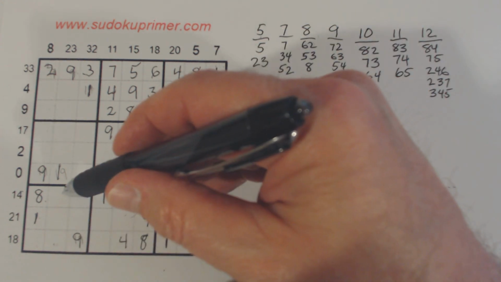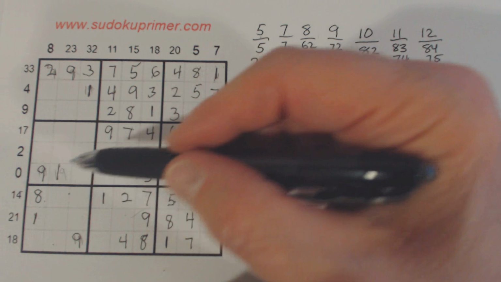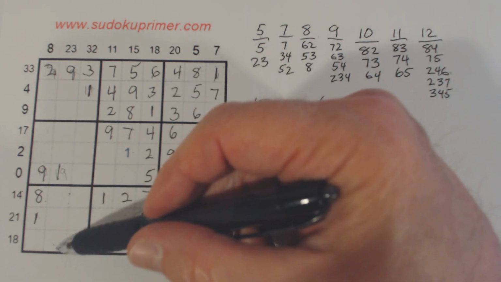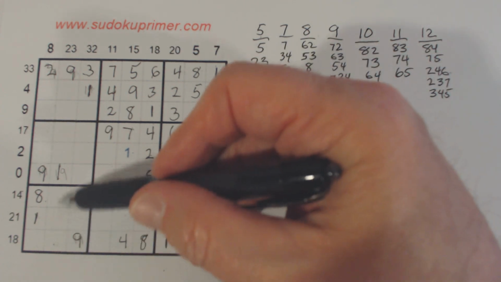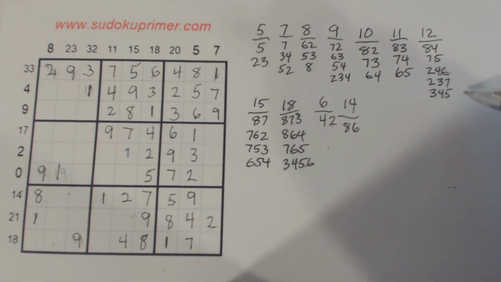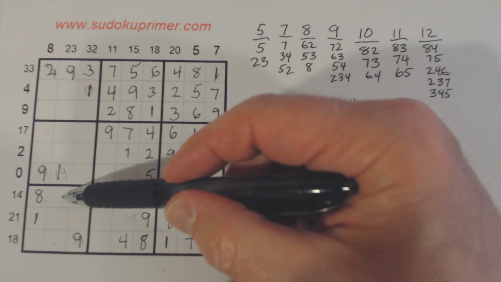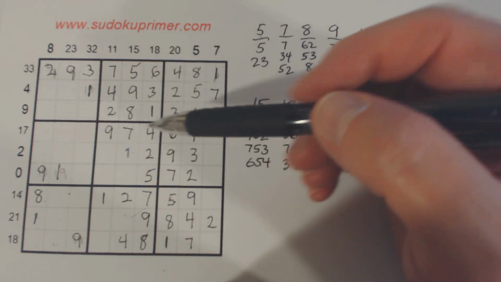So 2 would go there, 4 would go there, 6 would go there. That would work. 2, 3, and 7. 2 and 7, so that's a 3. That'd have to be a 2, and that'd be a 7. That works too. 3, 4, and 5. 4, 3, 5. All 3 of those still work.